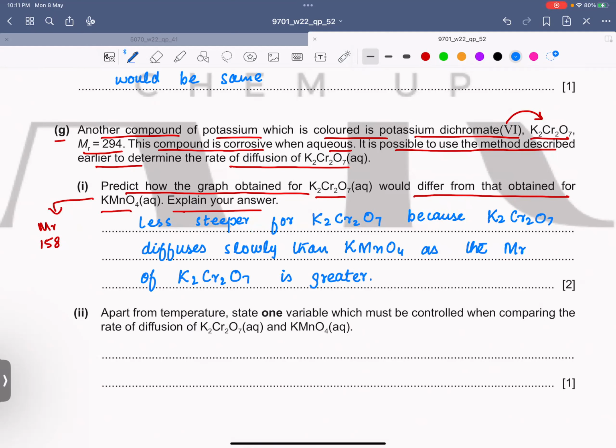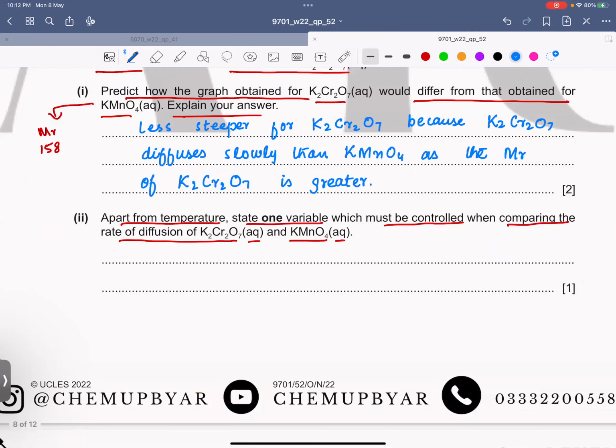Okay. Now, apart from temperature and state, one variable which must be controlled when comparing the rate of diffusion of K2Cr2O7 and KMnO4. As these two are aqueous, their amount would be concentration. So concentration must be controlled.